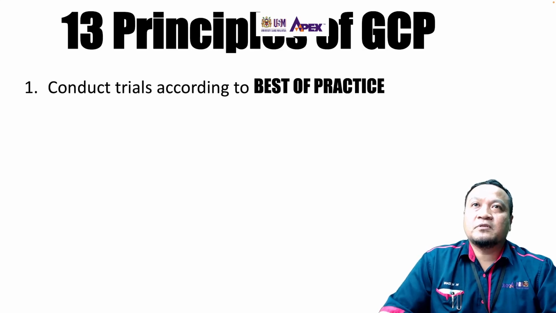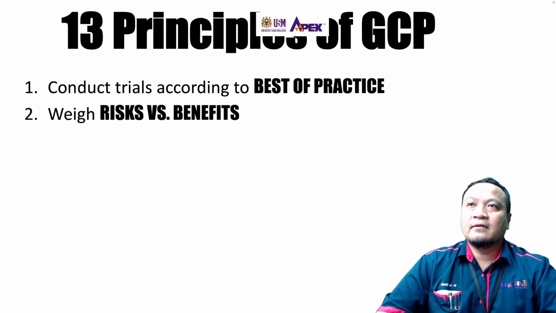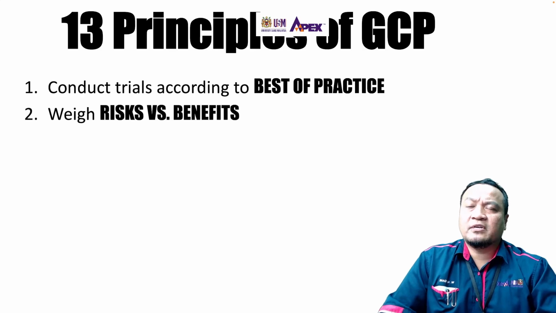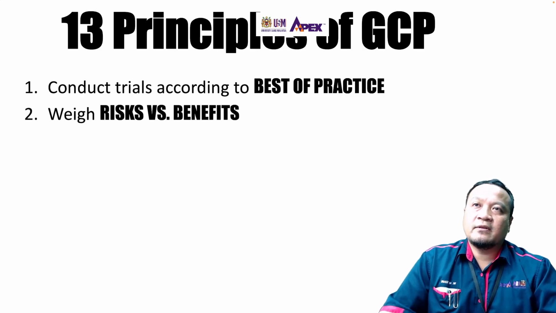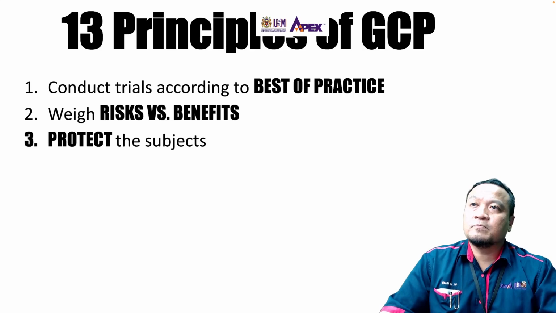The first principle of GCP is to conduct trials according to best practice. Secondly, the main point of the principles of GCP is weighing the risk versus benefits. When we conduct trials, we must always consider risk versus benefit: what benefits our patients, our subjects, versus what risk these subjects may be exposed to.